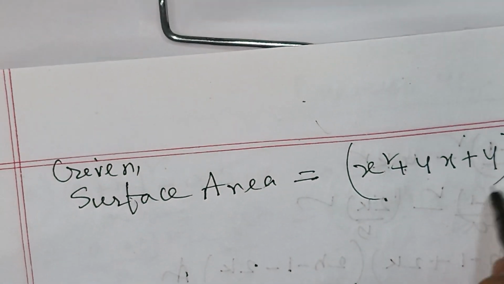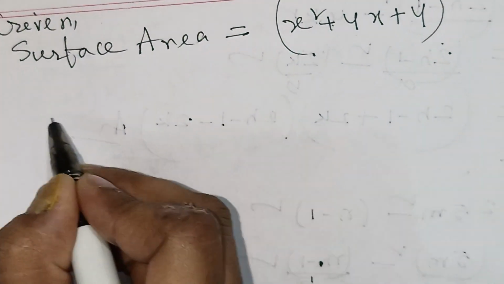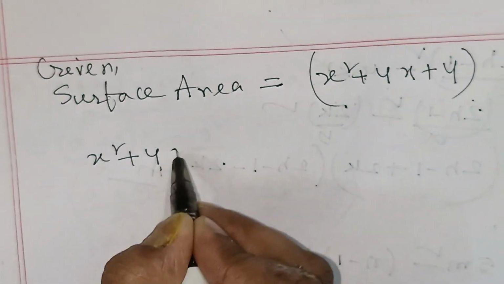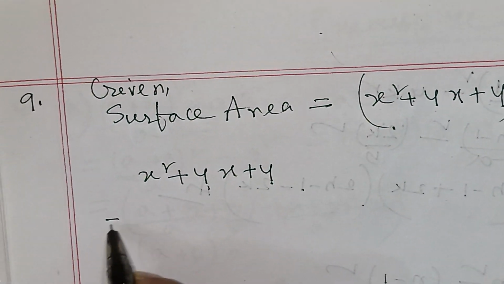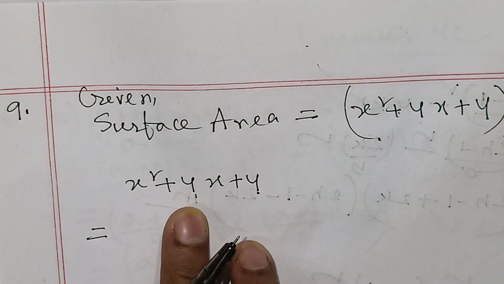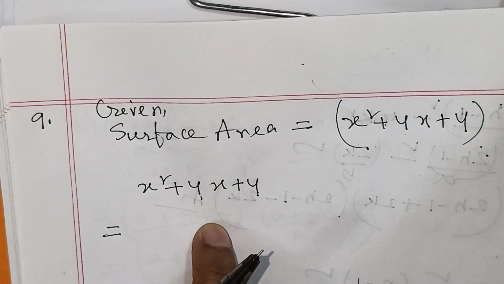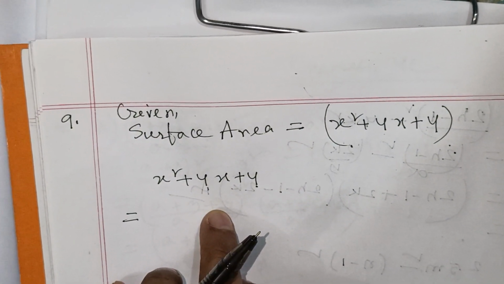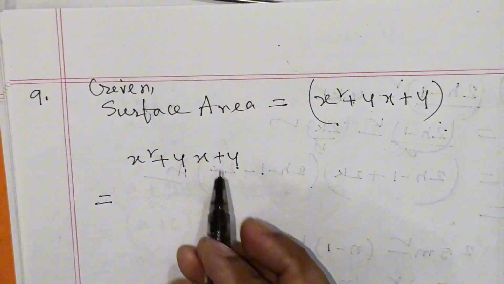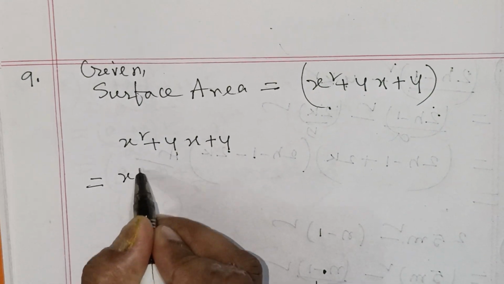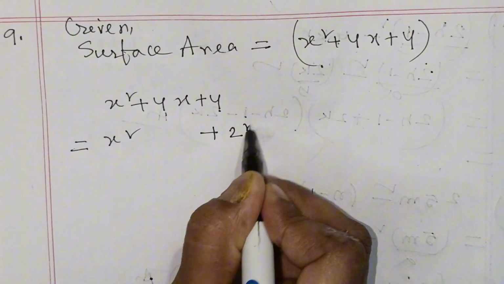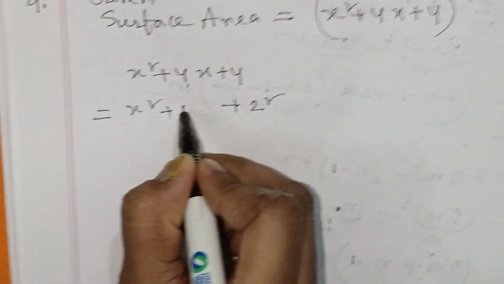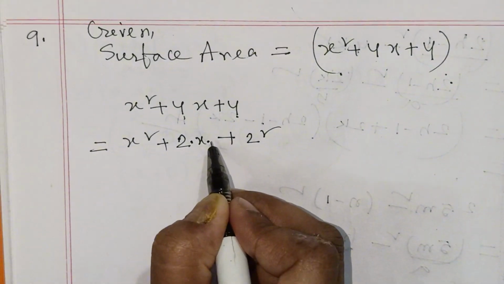So this term, x square plus 4x plus 4. See, this kind of term we solved in Exercise 4C number 1. So at first we solve this: x square and 4x break down to (2) whole square. Use the formula: 2ab means 2 times x and b means 2.